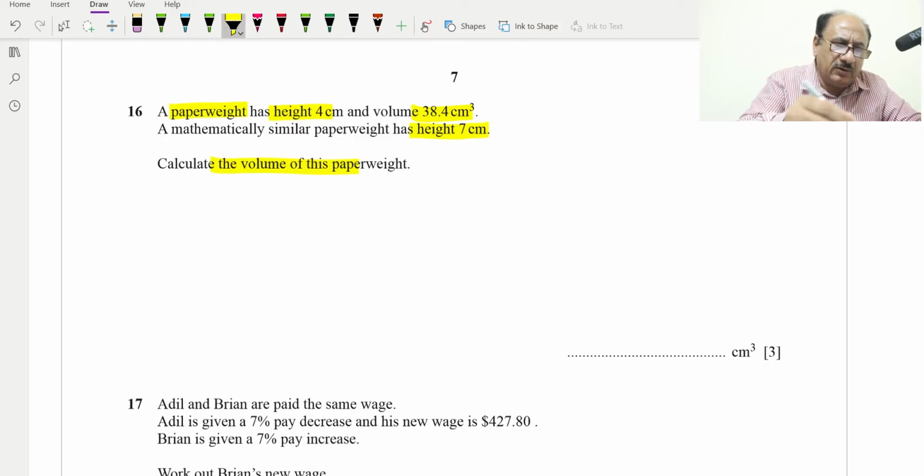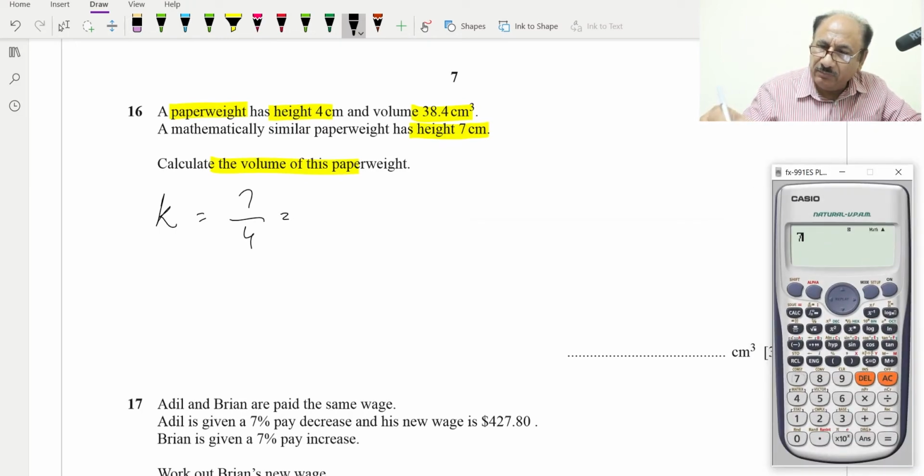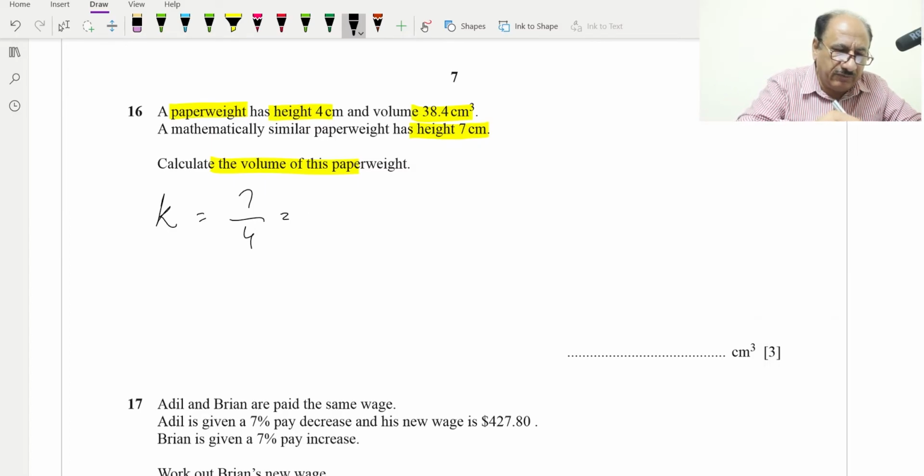So the height ratio is provided, so we can check for the ratio. The k value or ratio will be 7 over 4, which is 7 divided by 4, equal to 1.75.